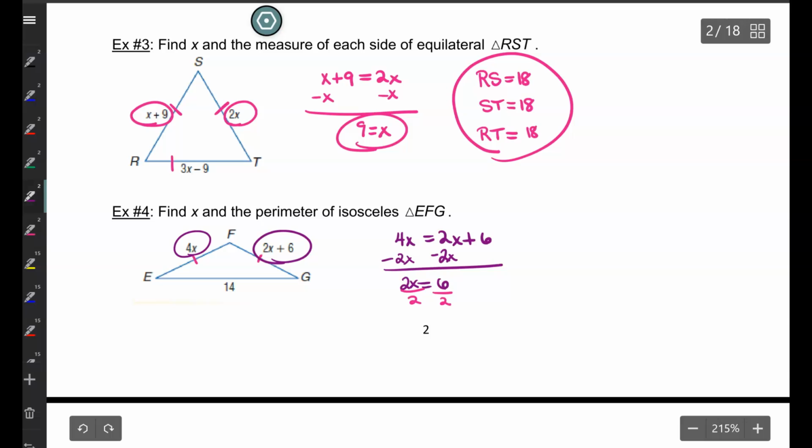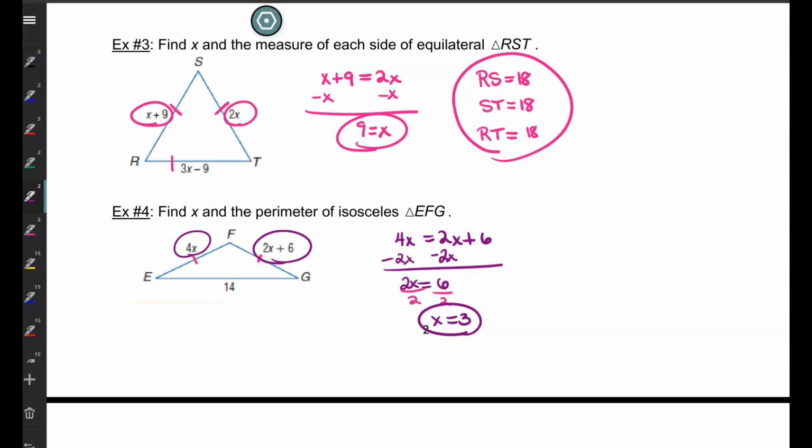Divide both sides by 2, and I get x equals 3. Now, since I want to find the perimeter, I need to find EF and FG. If I plug 3 back in, that will make that 12. And 2 times 3, 6 plus 6 should also give us 12. We should get the same answer.